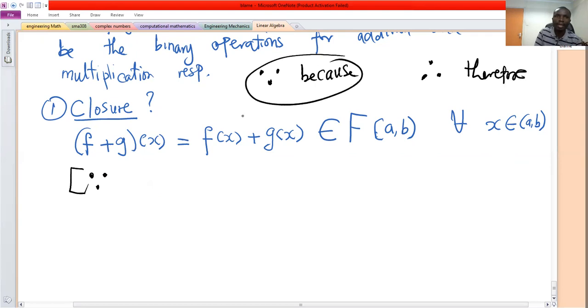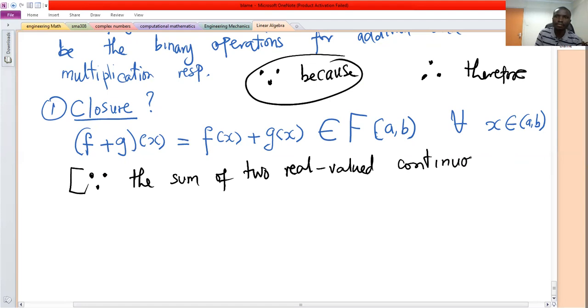So we are implying this because the sum of two real valued continuous functions in the interval AB is also continuous.